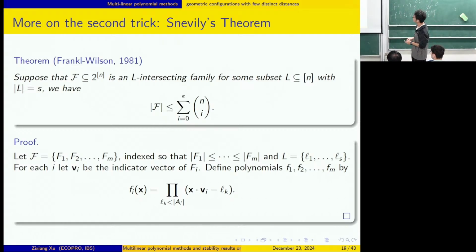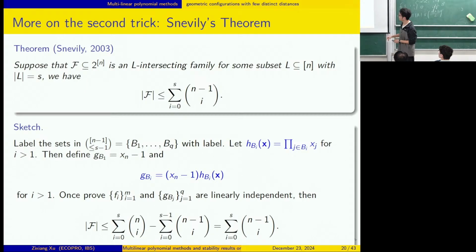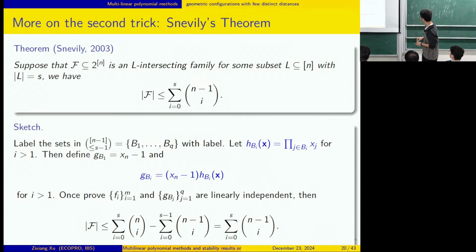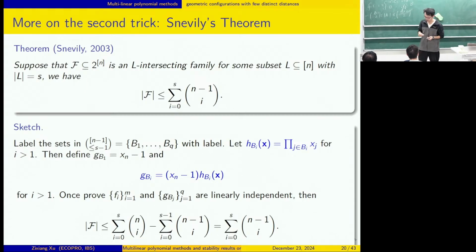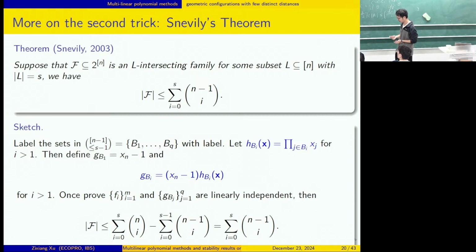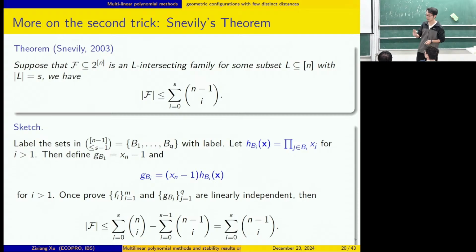But later Sniady improved the bound from n choose s to n minus 1 choose s. This improvement looks very simple, but actually, if I remember correctly, Sniady wrote 4 papers in total on this problem, and he used maybe 10 years.